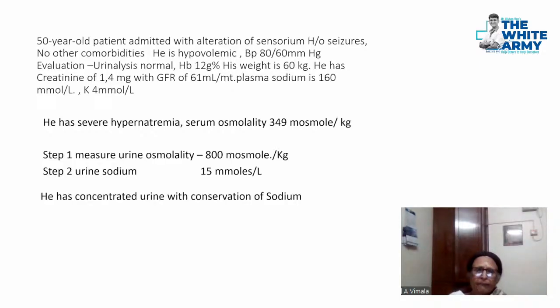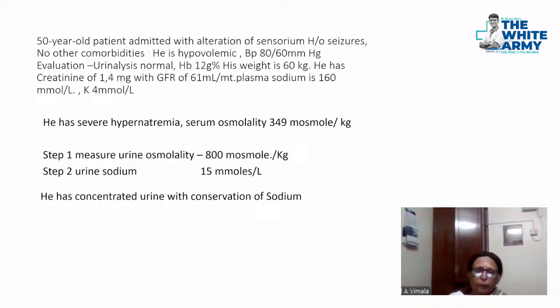As is evident from the findings, he has a low blood pressure, other signs of volume depletion, and a high serum osmolality of 349. So he has severe hypernatremia and a hyperosmolar state. As we said, the first step should be to measure the urine osmolality. The urine osmolality was 800 milliosmoles per kg.